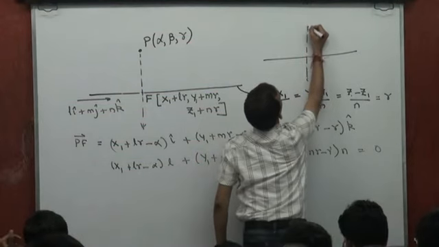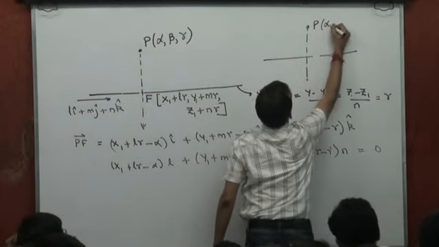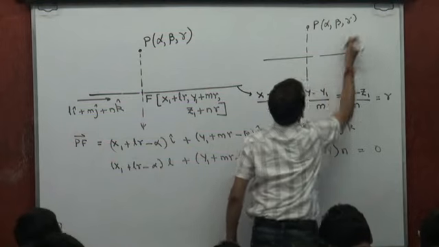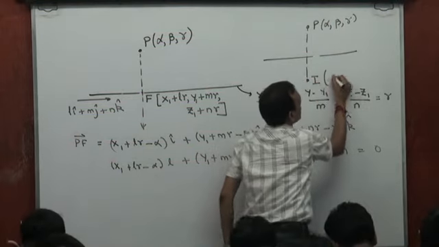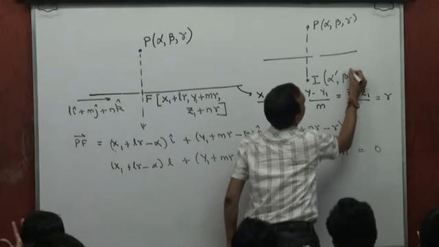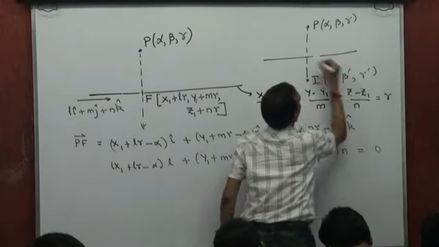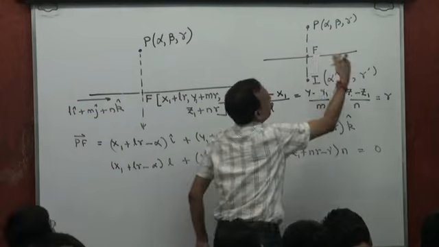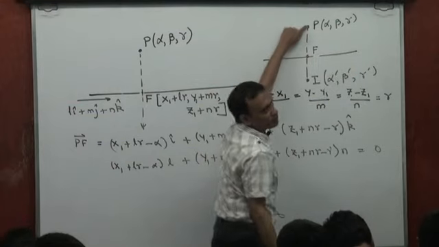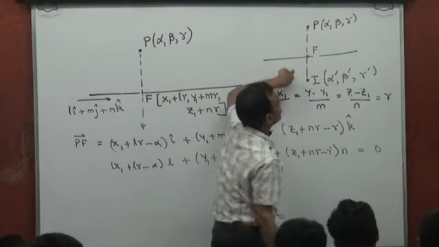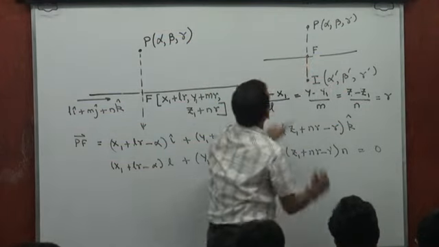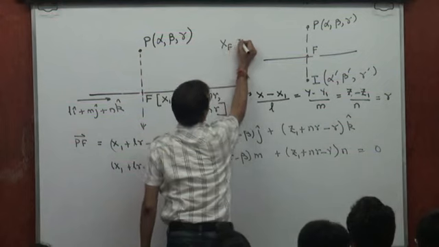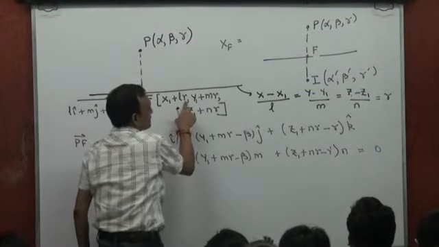You could also find the image of the point P, alpha, beta, gamma, with respect to the line. Let's say the image of the point P with respect to the line is I. Call it alpha prime, beta prime, gamma prime. And this is the point F. Then obviously F being the midpoint of PI, (alpha plus alpha prime) by 2 must be x of F, which we have already known because r has been computed.